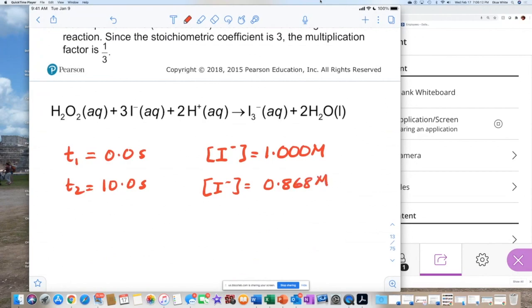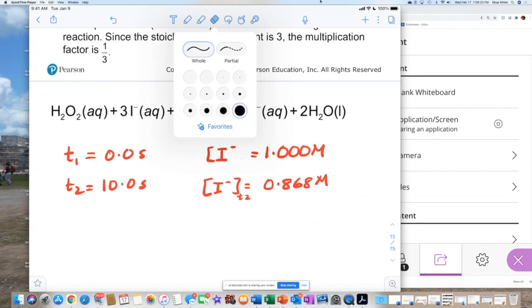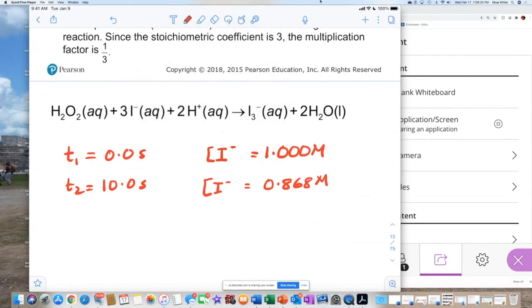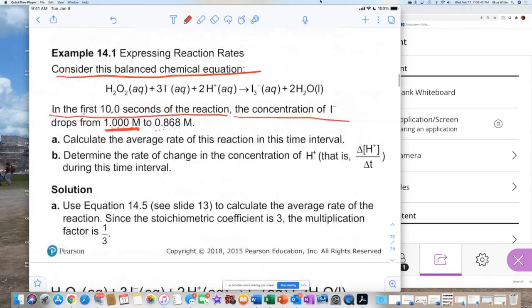Now you can write this as I at T1, I at T2. I just write it as 1 and 2, or initial and final. I don't want to complicate this, so I just say initial, final. Then I can be consistent here. How about that? Initial, final. Okay. Yep.